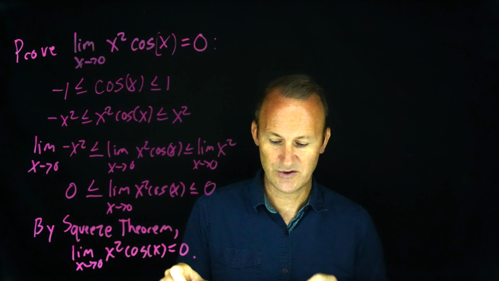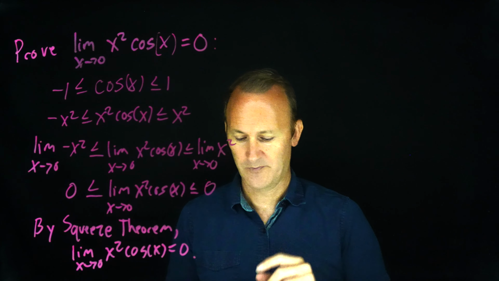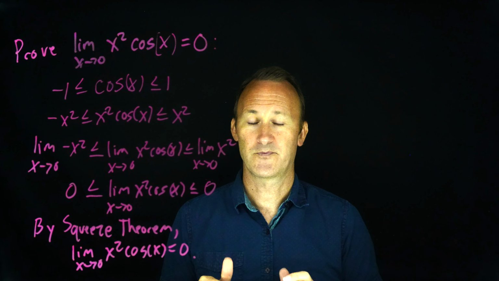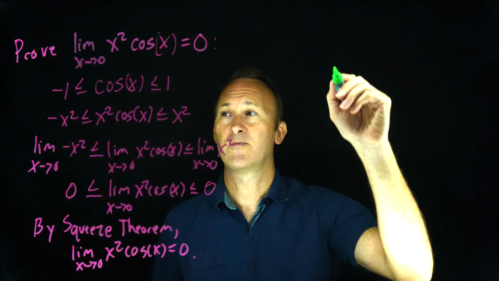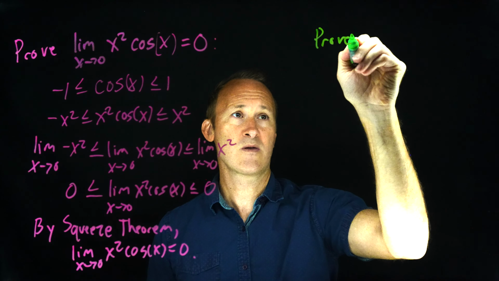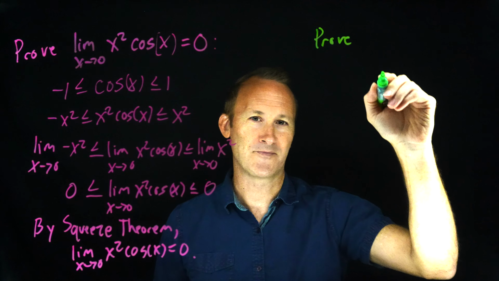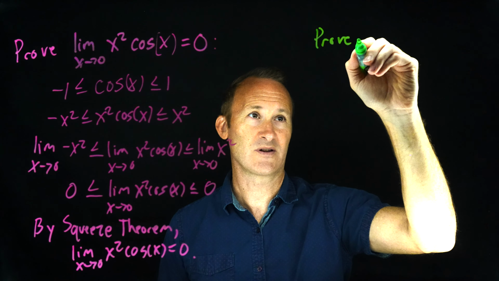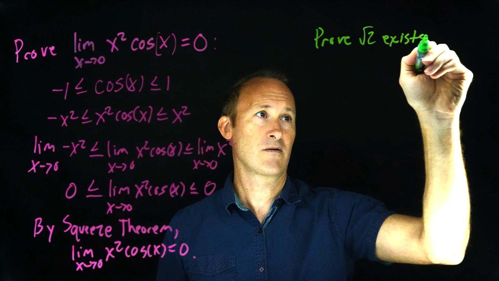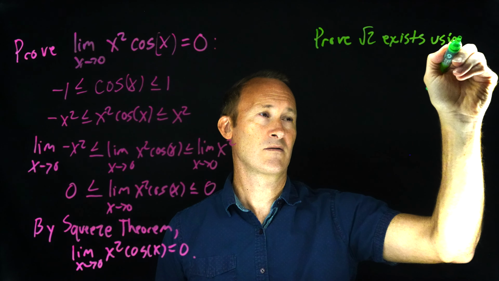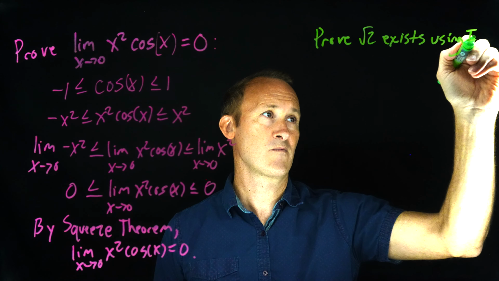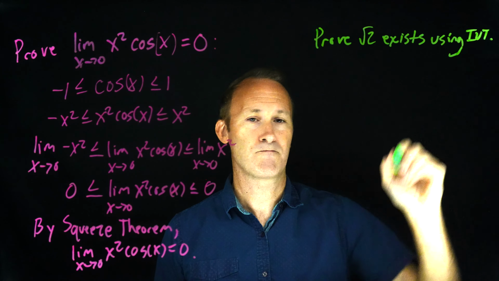Let's do one other fun example using the intermediate value theorem. What we're going to do now is prove that the square root of 2 exists using the IVT, the intermediate value theorem.